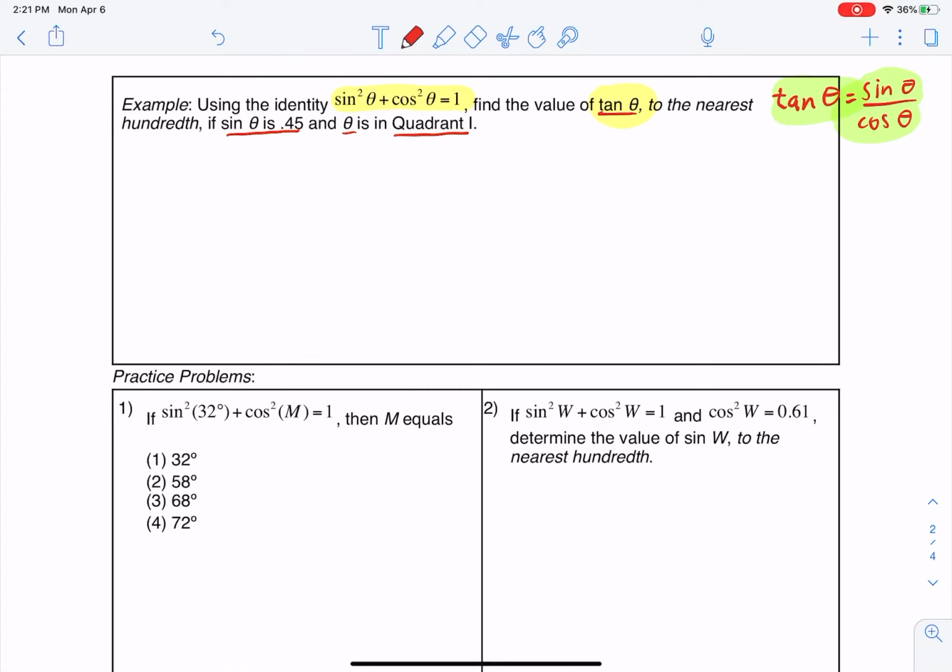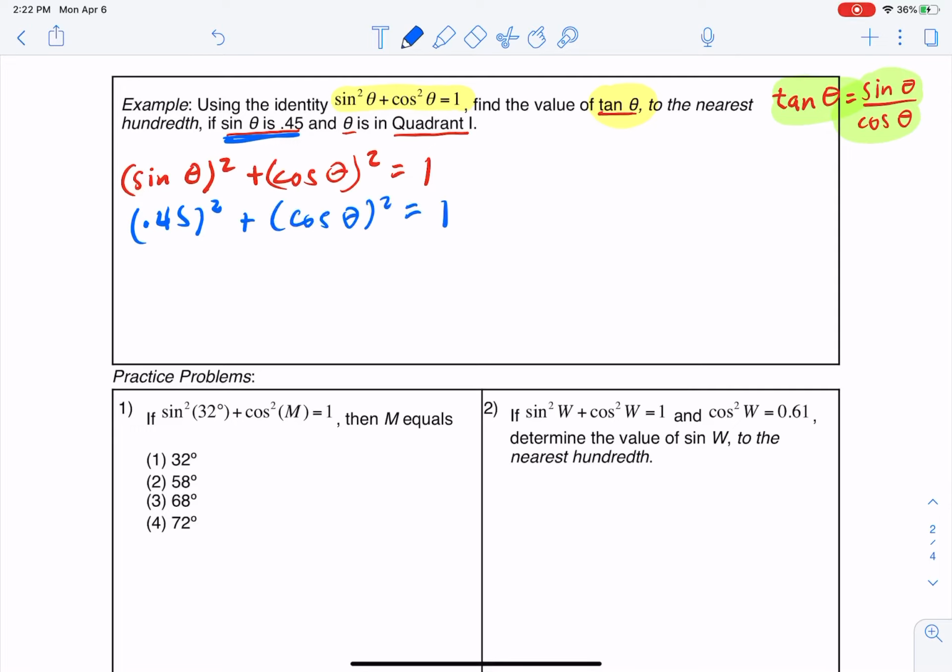So we've got that sine squared of theta plus cosine squared of theta equals 1. I'm going to rewrite it the way I suggested you rewrite it earlier. All right, now I'm going to replace sine of theta with the value that I was given here, 0.45. So it's going to be 0.45 squared plus cosine of theta squared equals 1.